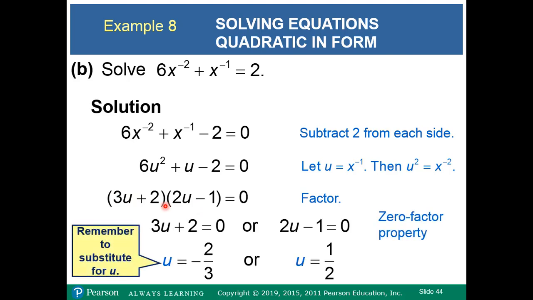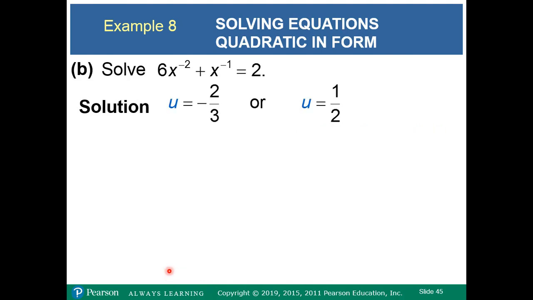But remember, we need x, right? We started with x, we need to finish with x. So now we're going to substitute back in for u, okay? So now we've got to put this in terms of x again. Well, this is a reciprocal, right? This is 1 over x.